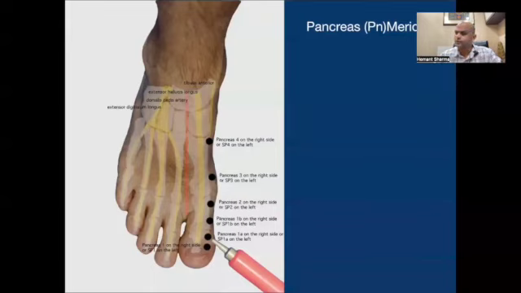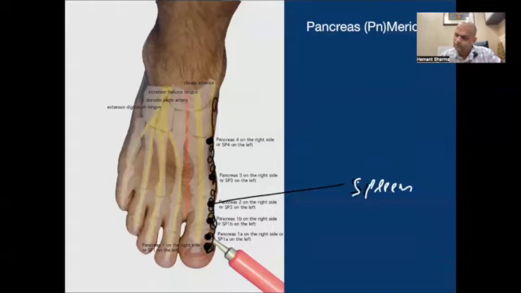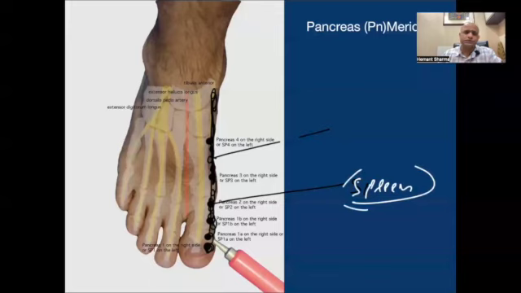In the feet, we already know this is the spleen meridian. The spleen meridian goes along the medial side. This is the location of the spleen meridian. The spleen meridian is available in the left foot only, not in the right.